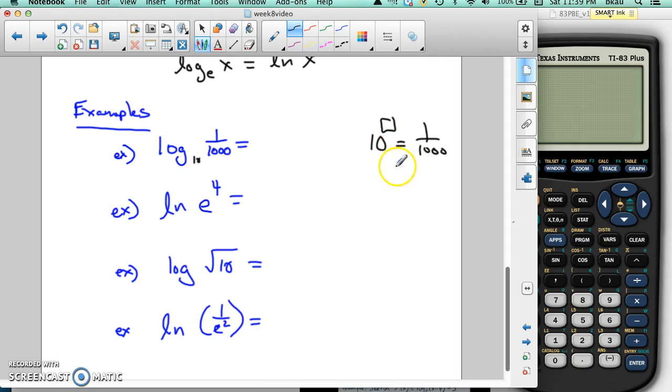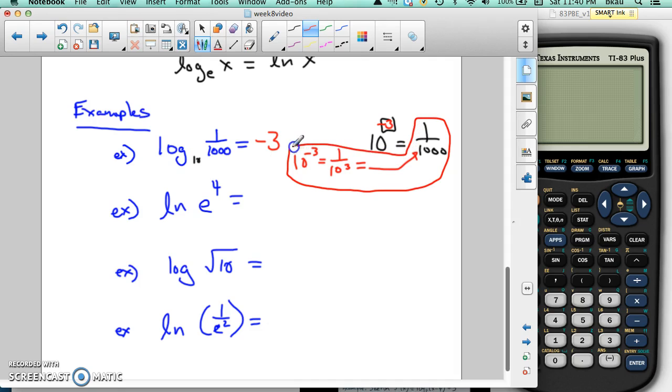It's negative 3 because we have 3 zeros. 10 to the negative 3 is 1 over 10 cubed, which is 1 over 1,000.